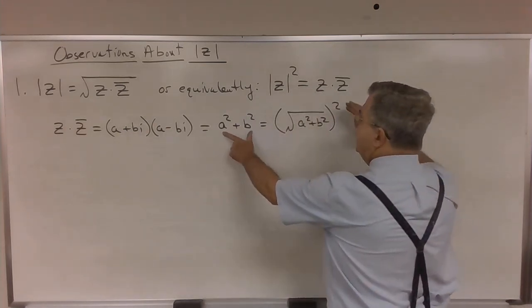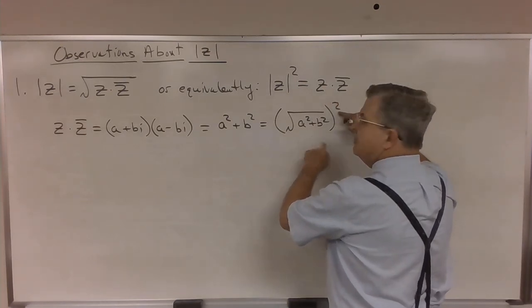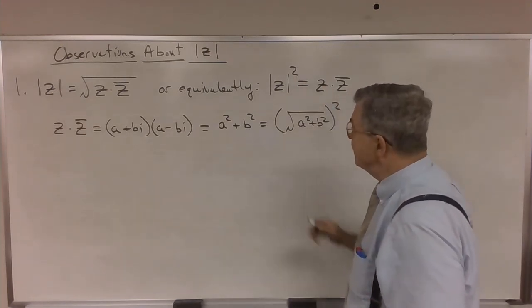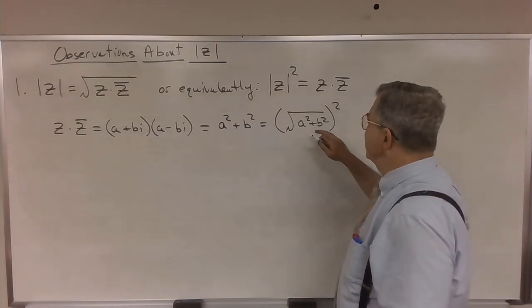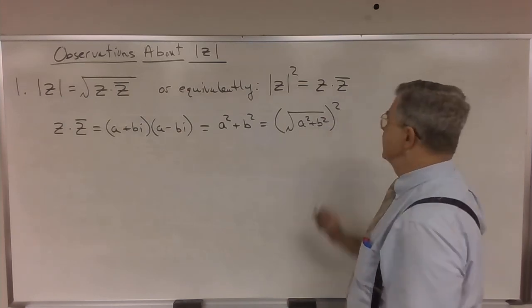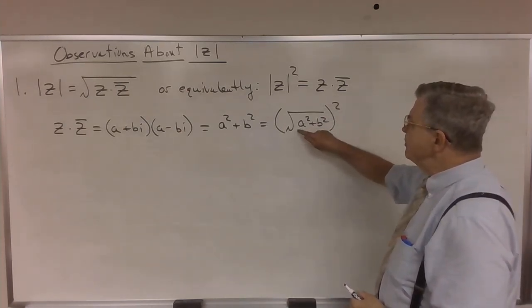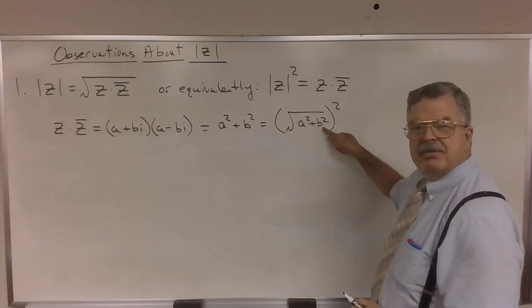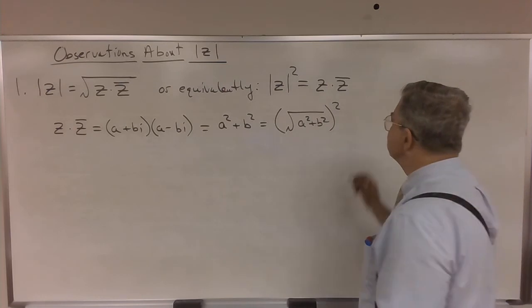Now, if we were to take this and take the square root and then square it, we get the same thing back. So a squared plus b squared is the square root of a squared plus b squared, squared. But what is the square root of a squared plus b squared? Isn't that the modulus of z?